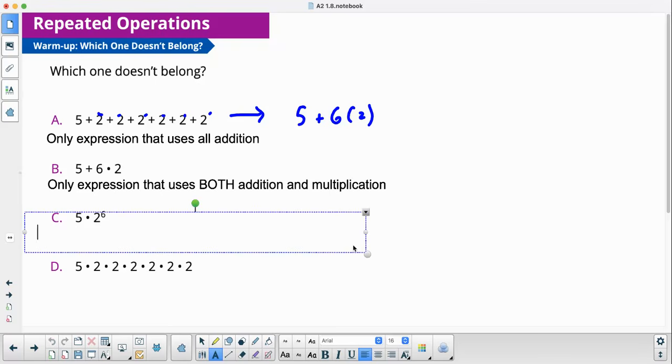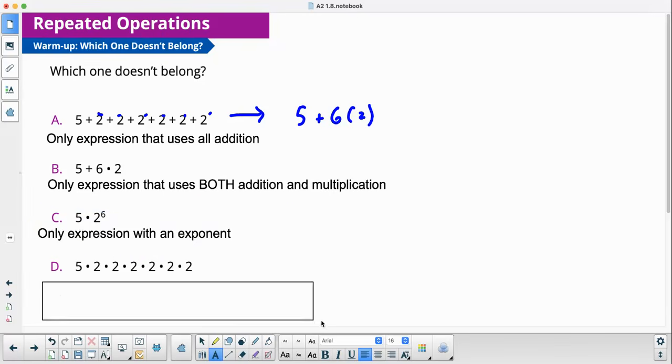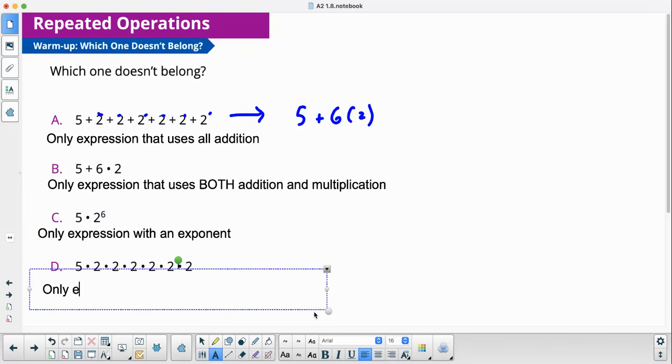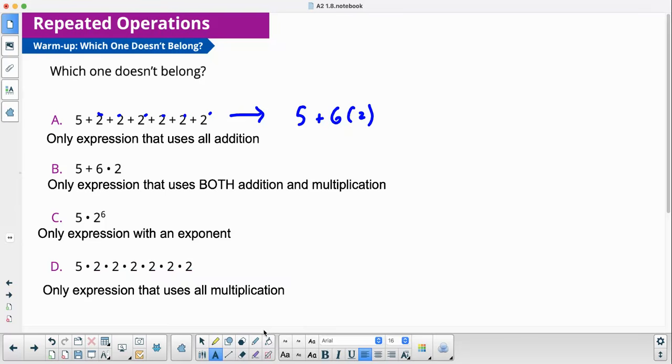C, maybe say only expression with an exponent. And maybe this one I'm going to say only expression that uses only or all multiplication. Now, some of you might argue, and I would probably argue too, that C uses multiplication because technically these two are actually the same thing. They're equal.